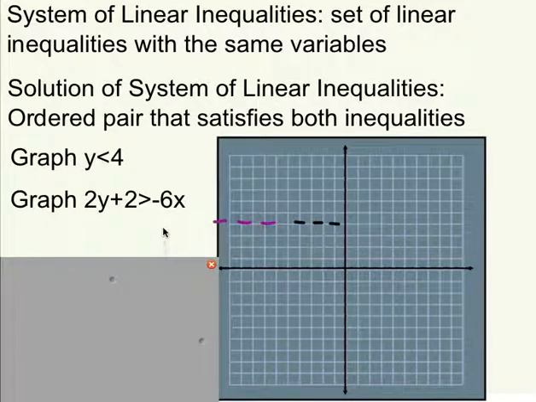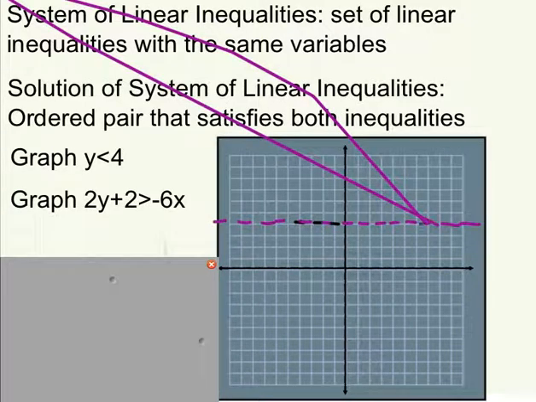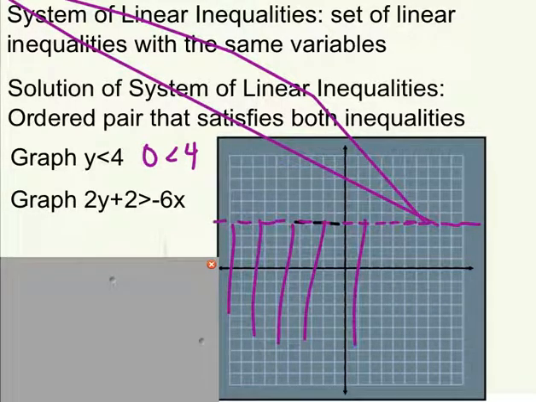So we have this dashed line, and I'll make it pink here, a dashed line at y equals 4. And now we need to decide where it's shaded. If I plot (0, 0), is 0 less than 4? Yes, it is. So I would shade underneath here.